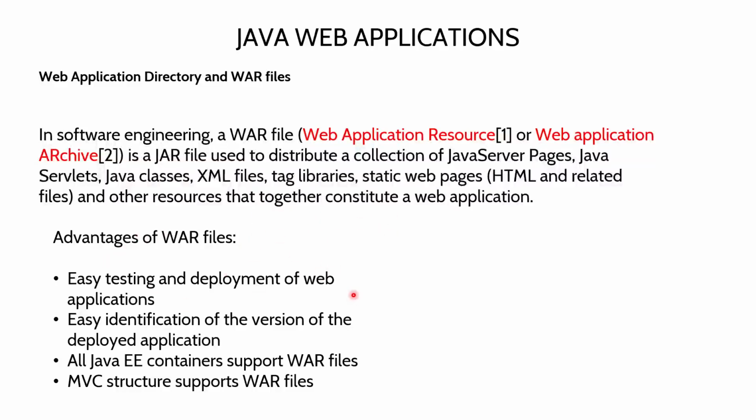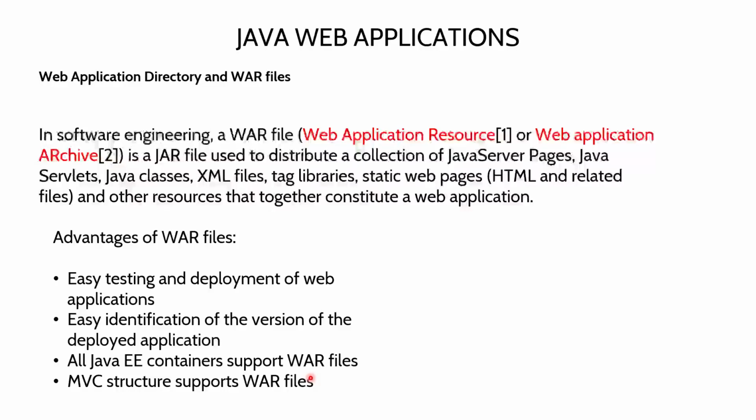The advantage to the WAR file is easy deployment of the web application and easy testing, easy identification of the version of the deployed application, and all J2EE containers support WAR files, and the MVC structure also supports WAR files.